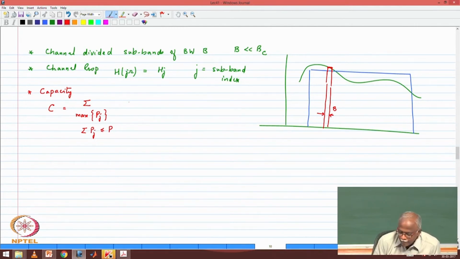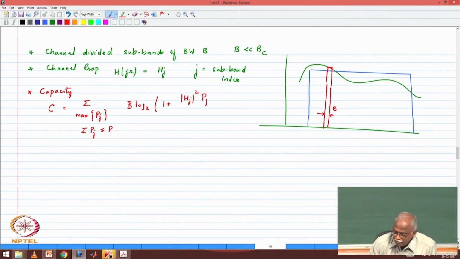So the capacity itself will be equal to B, summed over several of these subchannels, logarithm base 2 of 1 plus mod h of j squared, that's the gain of the channel.